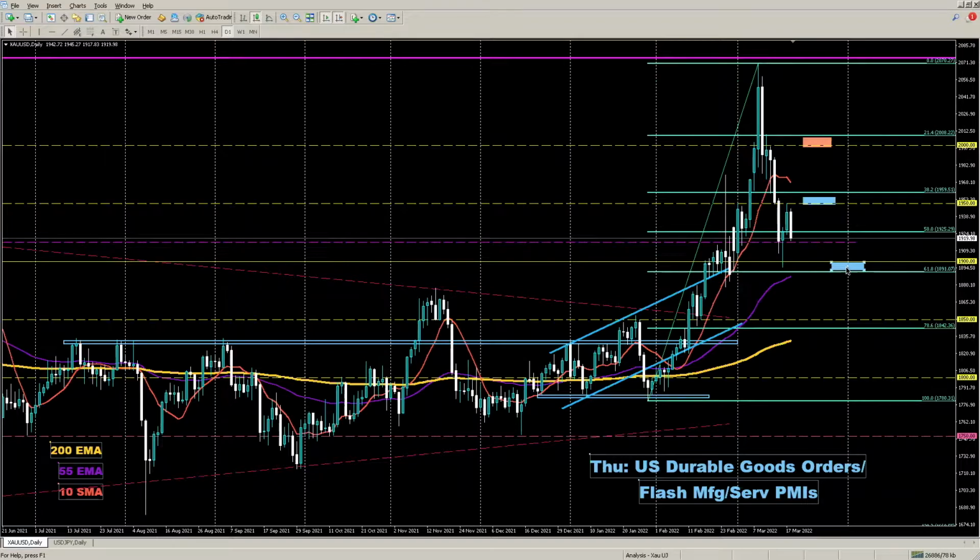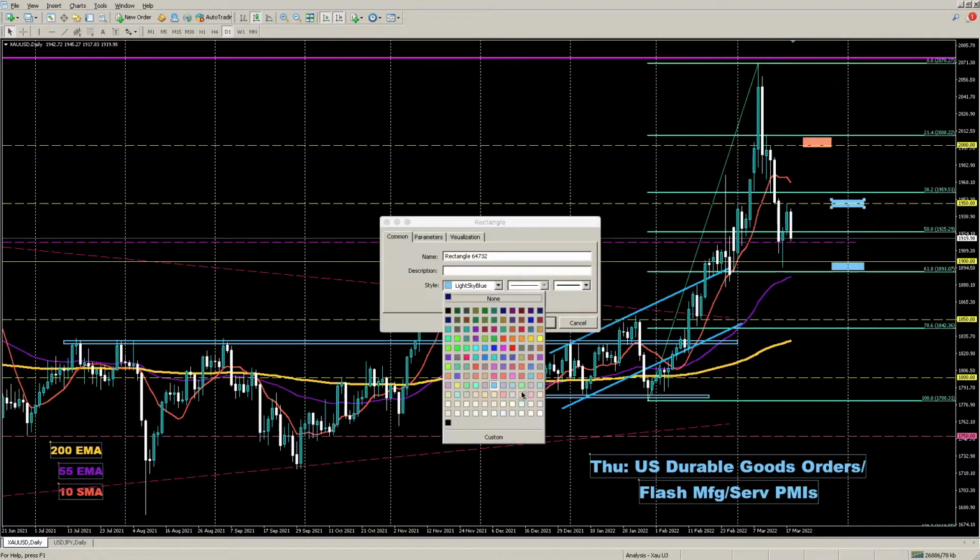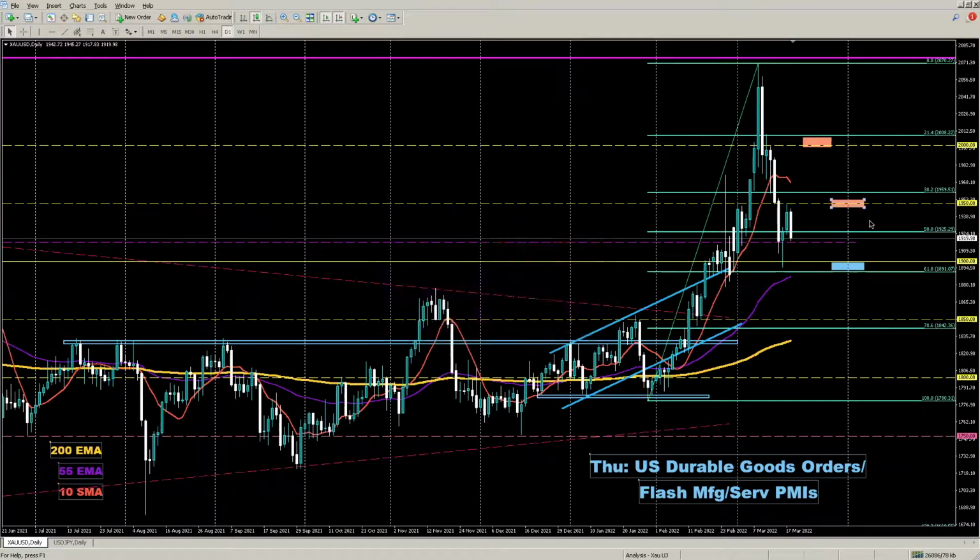And that's going to be the support zone, along with the daily 55 coming up. And 1950 is going to be intermediate resistance. And further up here, that's a major resistance. For now, we'll leave it out.